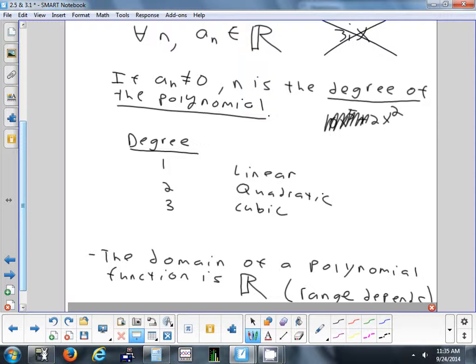Any number you can think of that's real can be raised to a non-negative integer and then multiplied by a number. Anything. Okay. But the range depends. Okay, the range depends. So we'll look at that a little bit.